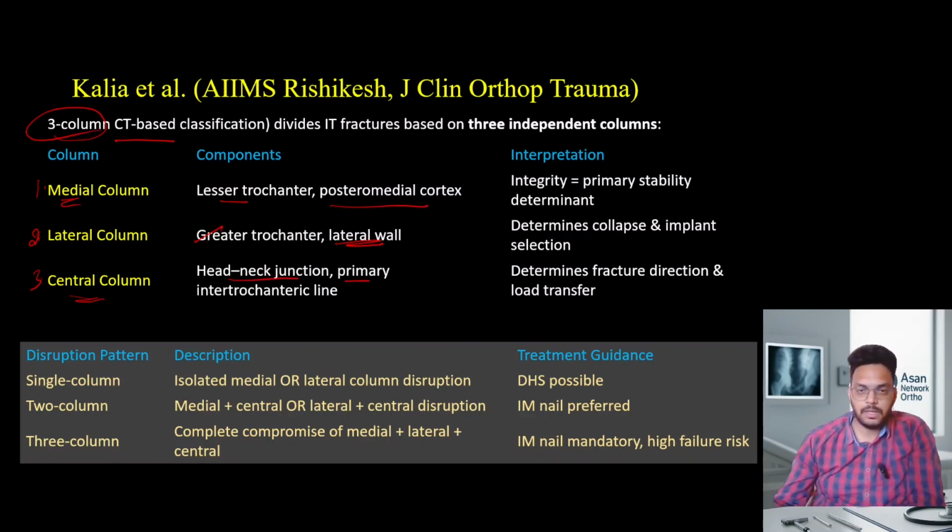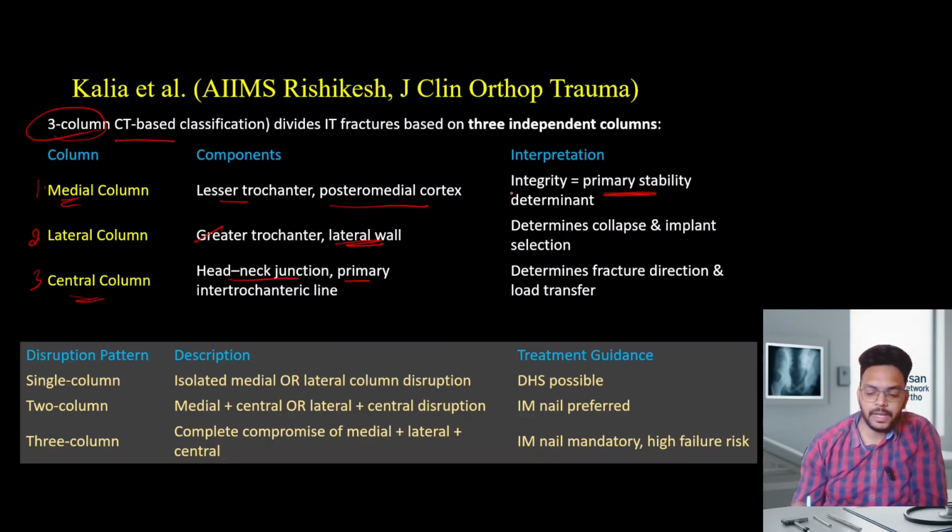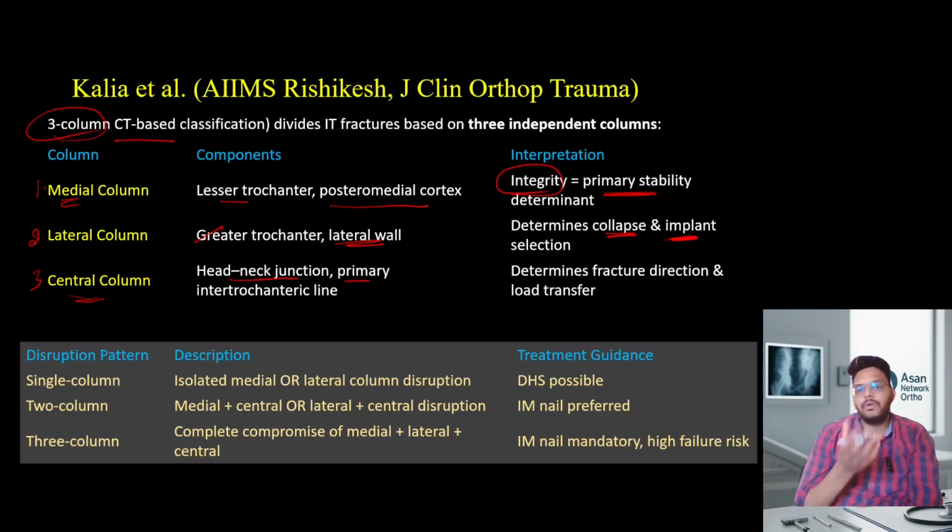What these columns interpret is that the medial column is the primary stability, and it is for the integrity of the intertrochanteric region. The lateral column determines the collapse and the implant selection. So if the lateral column is intact, we can do a DHS.